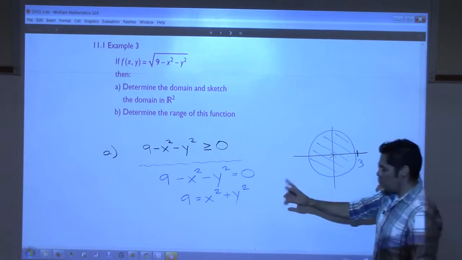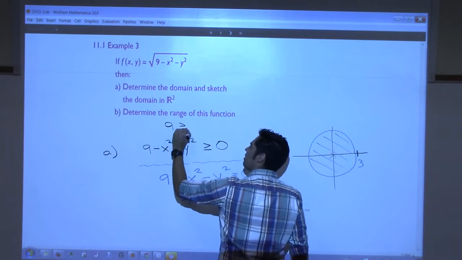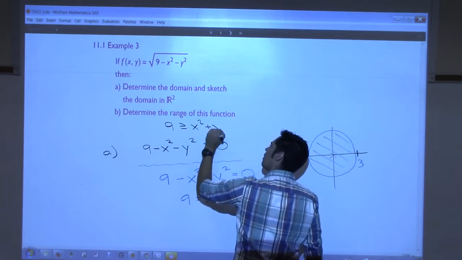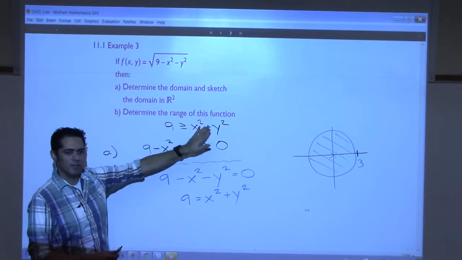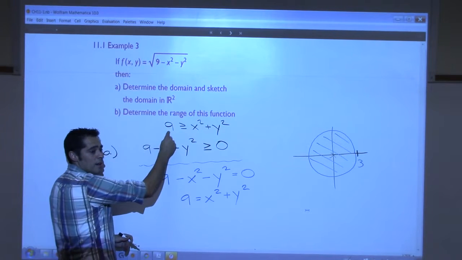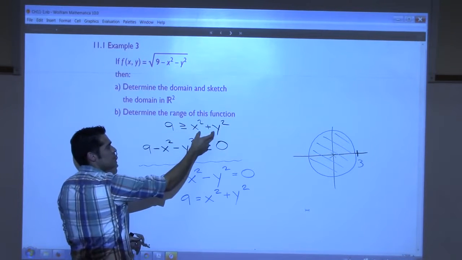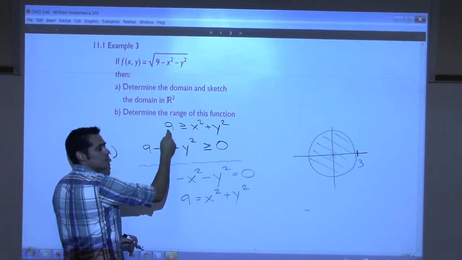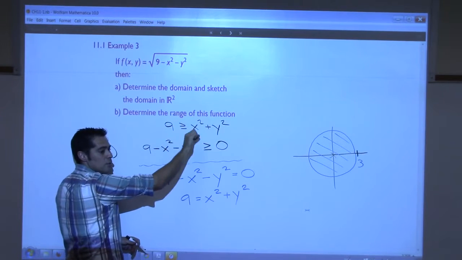You could also have worked with it as an inequality and recognized again that this is almost like the equation of a circle. But this is the biggest radius you can have. If these two squared together add up to less than or equal to 9, then it would definitely be less than or equal to 8, then 7, then 6, then 5, then 4, 3, 2, 1.